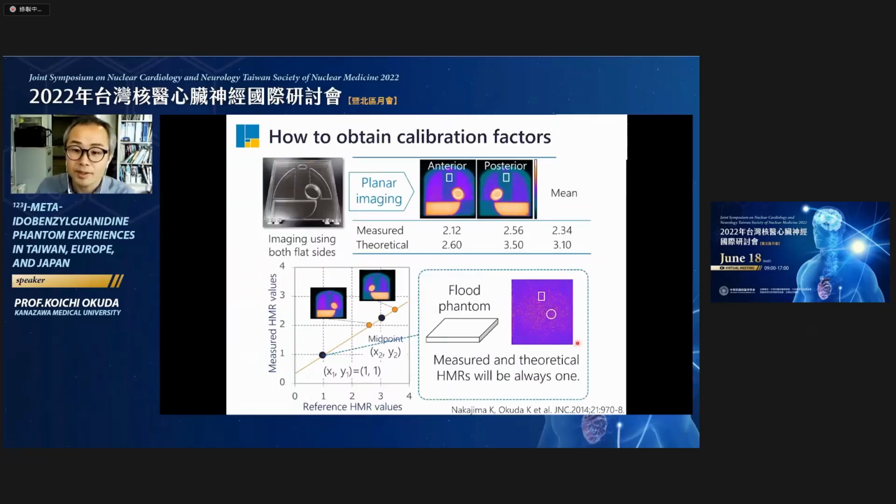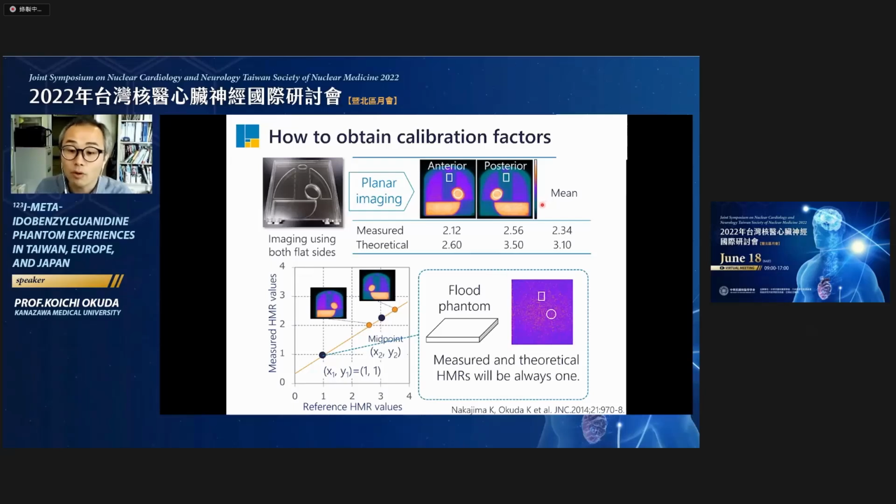How to obtain calibration factors from phantom images? Now I would like to show an example. By using the both flat size of the calibration phantom, anterior and posterior images are acquired.